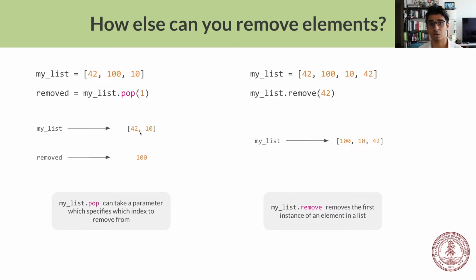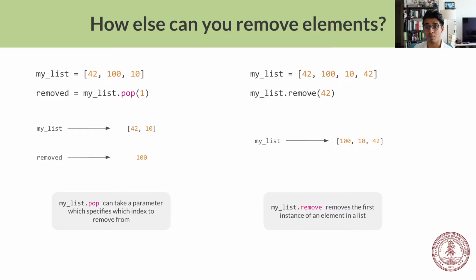Now the pop function always removes by index. It removes something at the end of the list or something at a particular position on the list. But sometimes what you might want to do is remove a value from a list rather than from a position in a list. So in this particular case, I've got my list equals 42, 110, 42, and I can call mylist.remove 42.